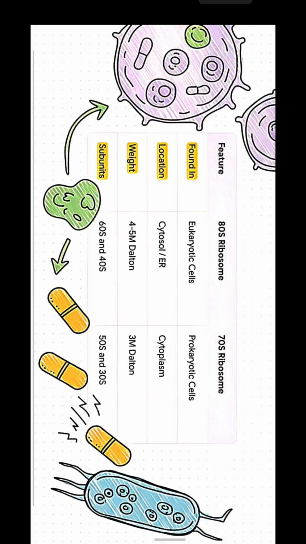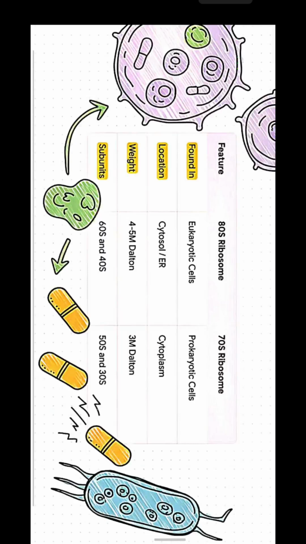If we talk about the location, 80S type of ribosomes are present inside the cytosol as well as on the endoplasmic reticulum, while 70S type of ribosomes are present only in the cytoplasm of the cell.